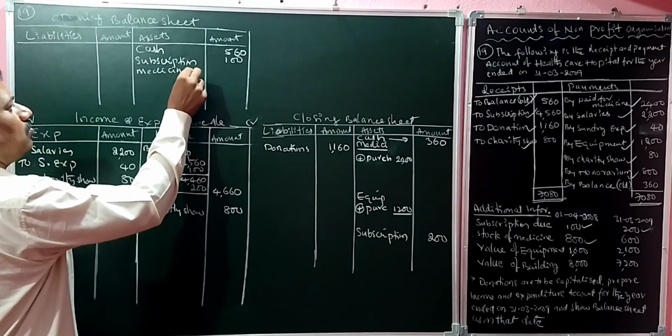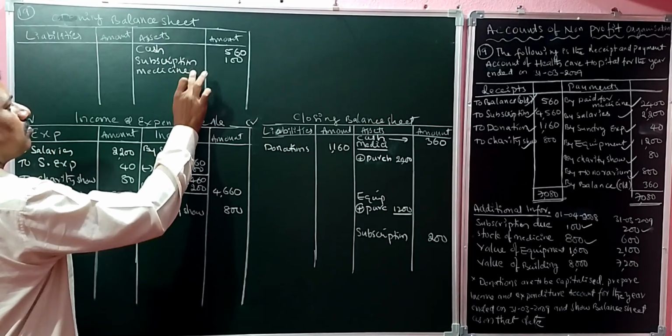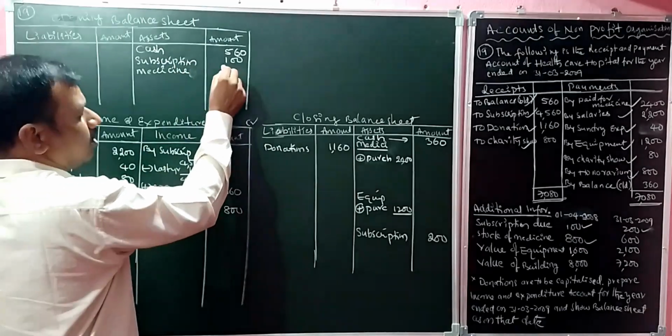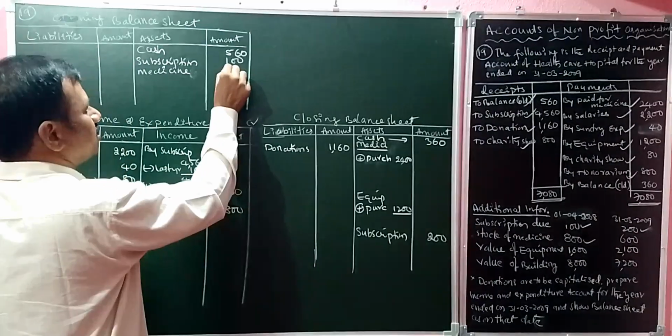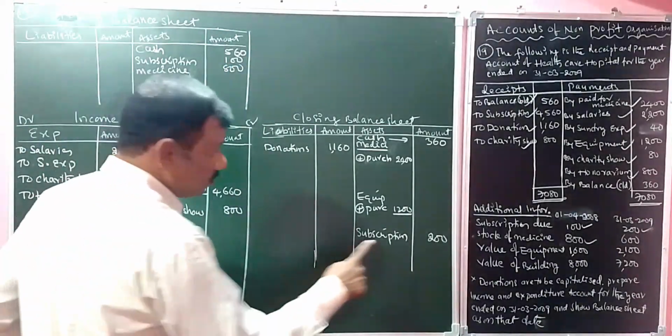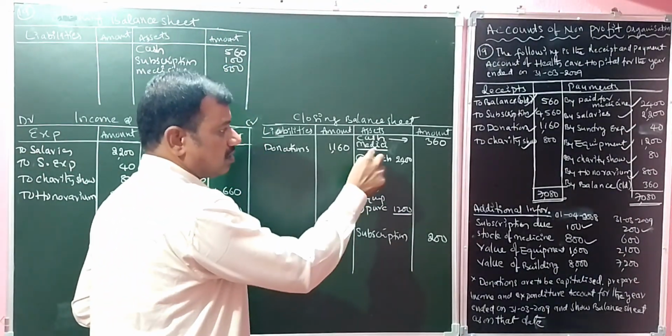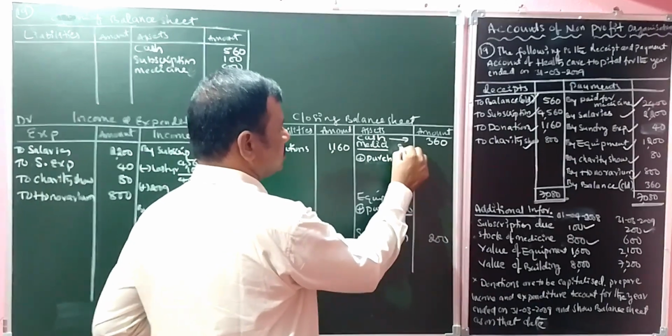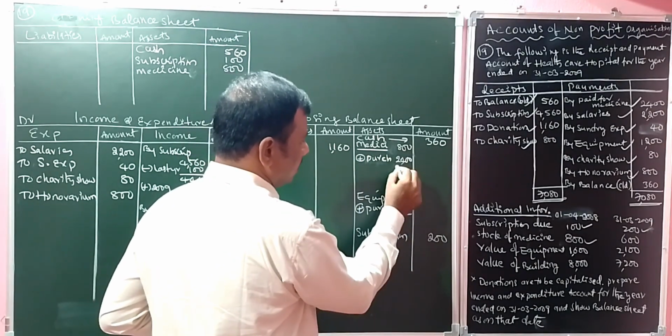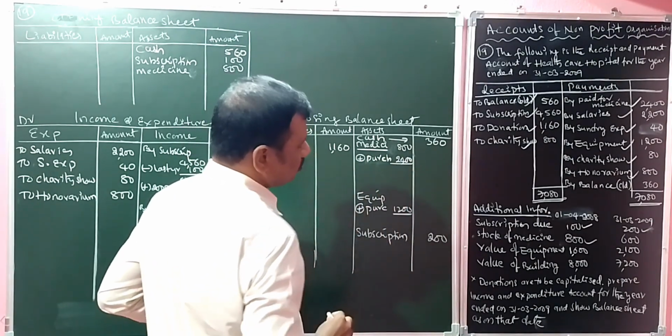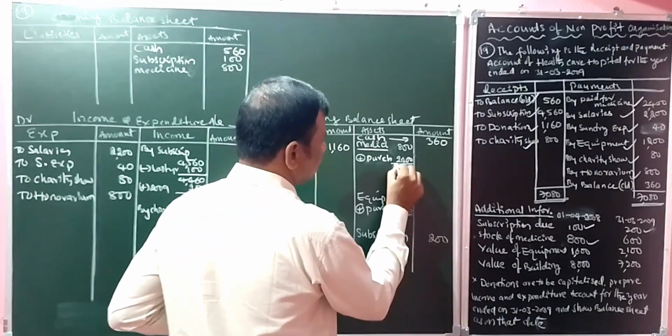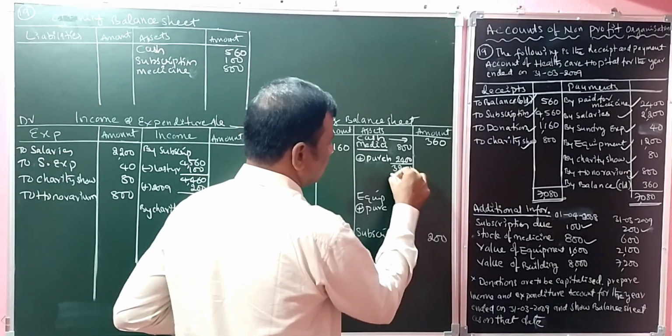So medicine value, how much? That is how much given, 800. So second time closing balance sheet asset side, already we have written medicine, how much? That is 800. So 800 plus 2400, it is 3200 inner column.